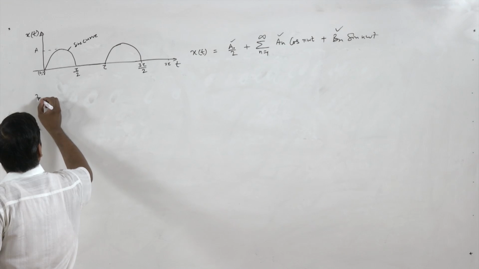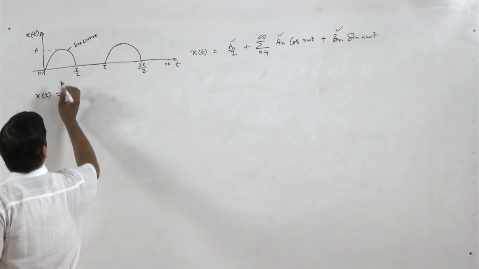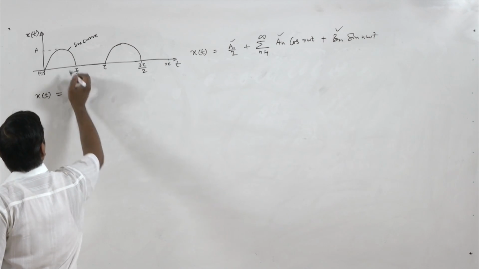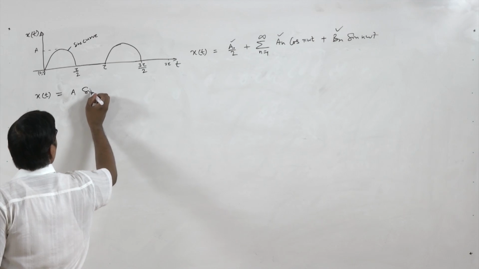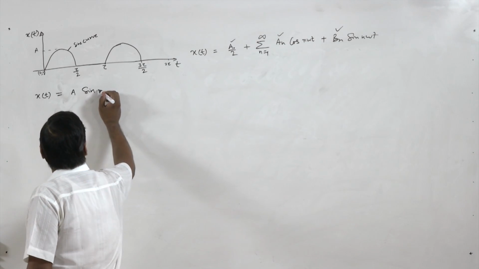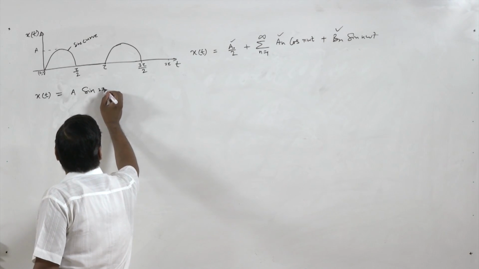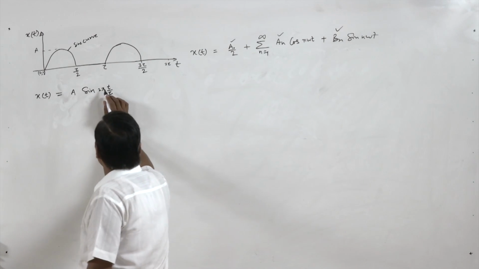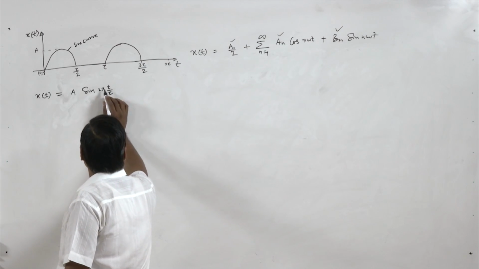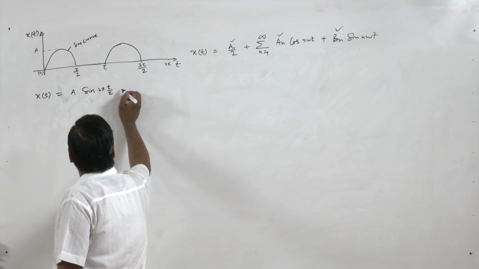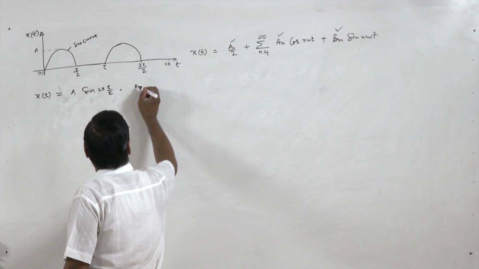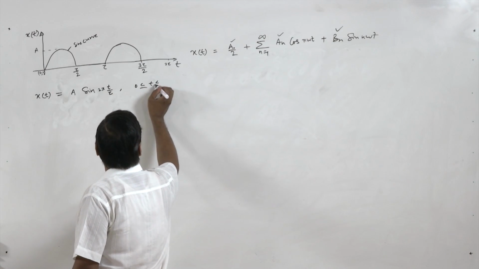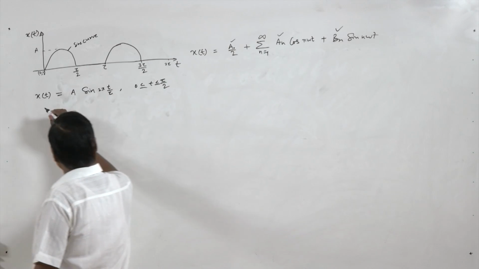So let's define xt equal to, because this is purely a sine curve, a sine 2 pi t upon tau. So it is 2 pi f t or omega t, so omega is 2 pi by tau, and this is valid for 0 less or equal to t less or equal to tau by 2.